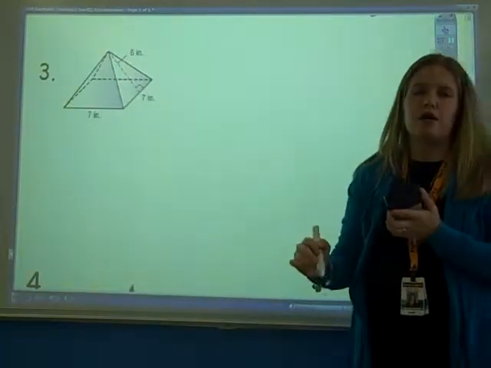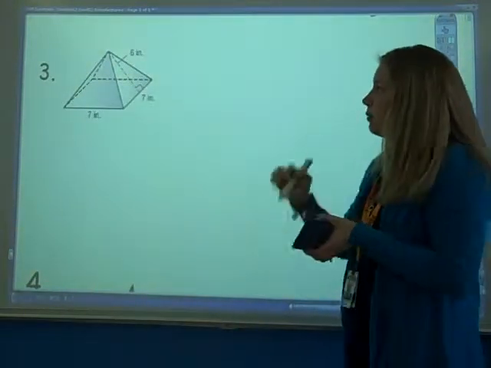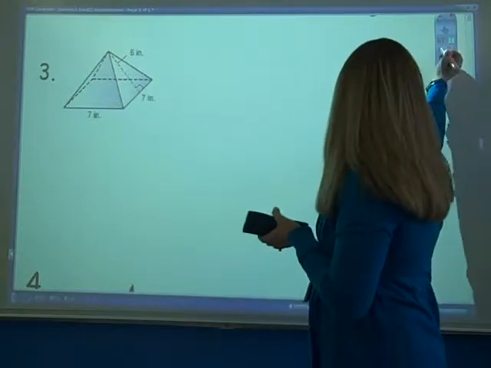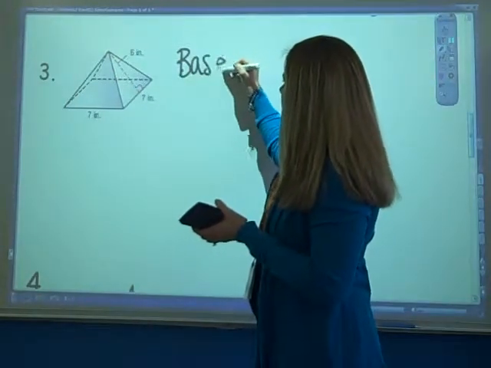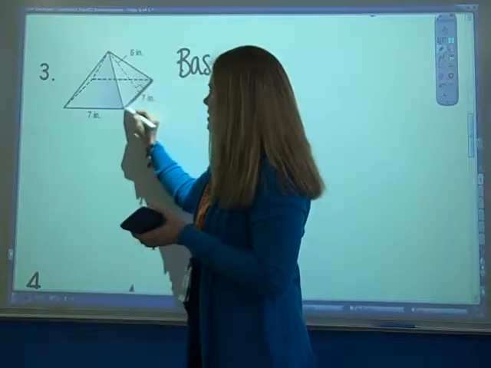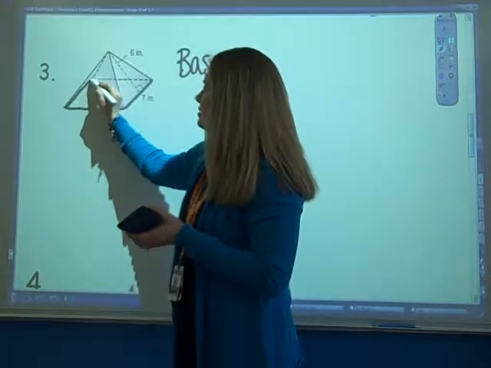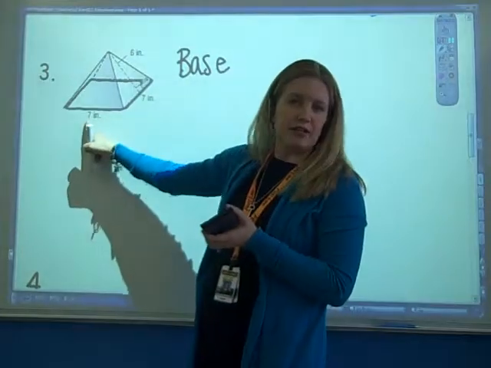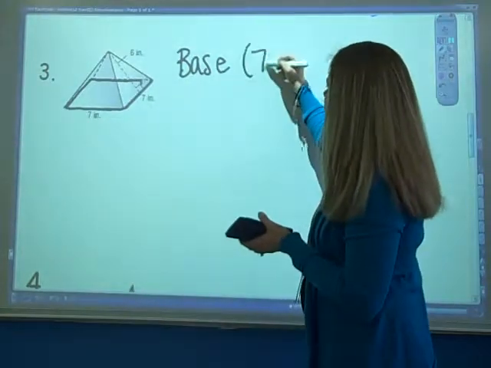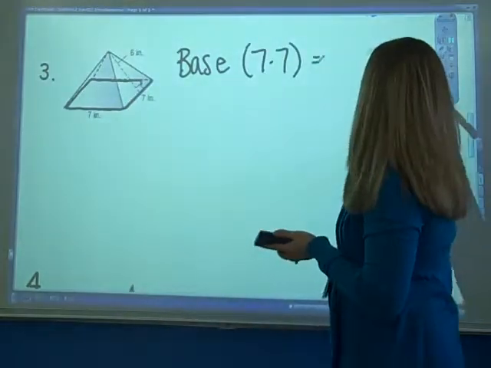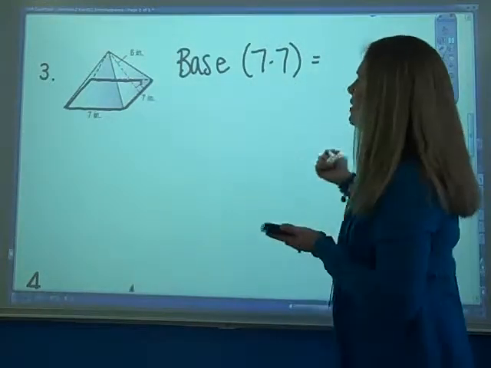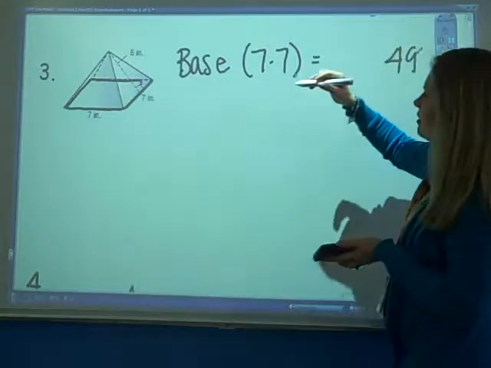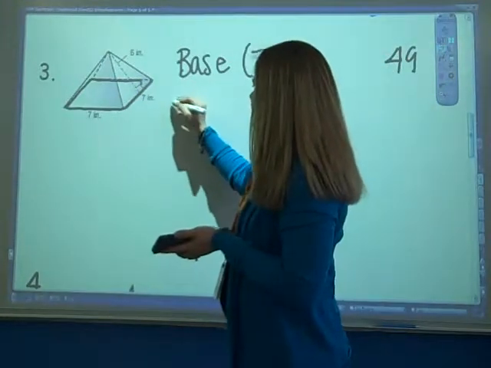Now we enter into the pyramids. Pyramids have one base. And our base here is 7 by 7. 7 times 7 is 49. We only have one of them, so I'm not going to multiply by 2. Then we do our triangles here. These are the other faces that are triangles.